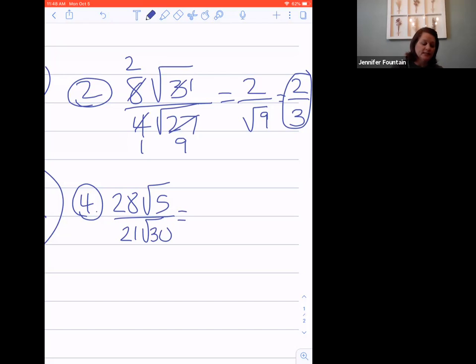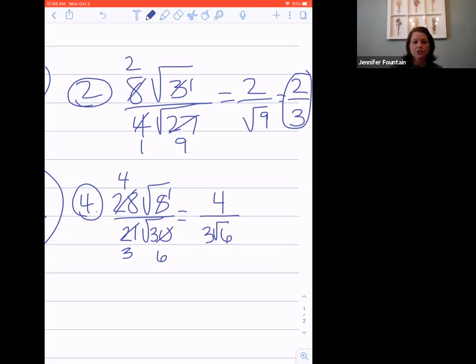It is divisible by 7. So 21 divided by 7 is 3. 28 divided by 7 is 4. 5 and 30, both divisible by 5. 5 divided by 5 is 1. 30 divided by 5 is 6. So in my numerator, I have 4 over 3 times the square root of 6.